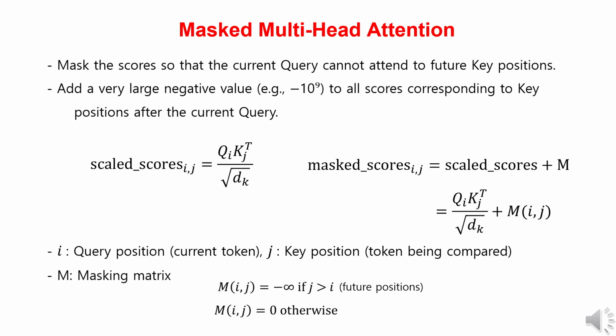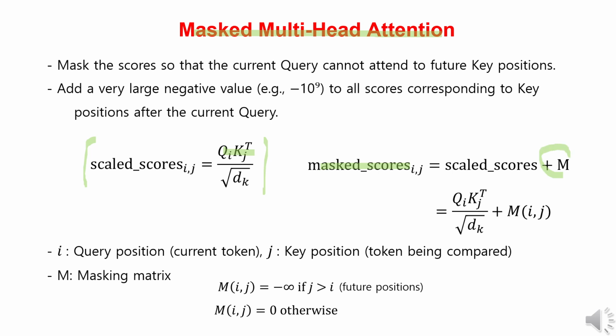Now, let's take a look at how masked multi-head self-attention is implemented mathematically. In standard self-attention, the scaled score is computed from the dot product of the query and the key, as shown in the equation below. In the decoder, a masking matrix M is added to this score.